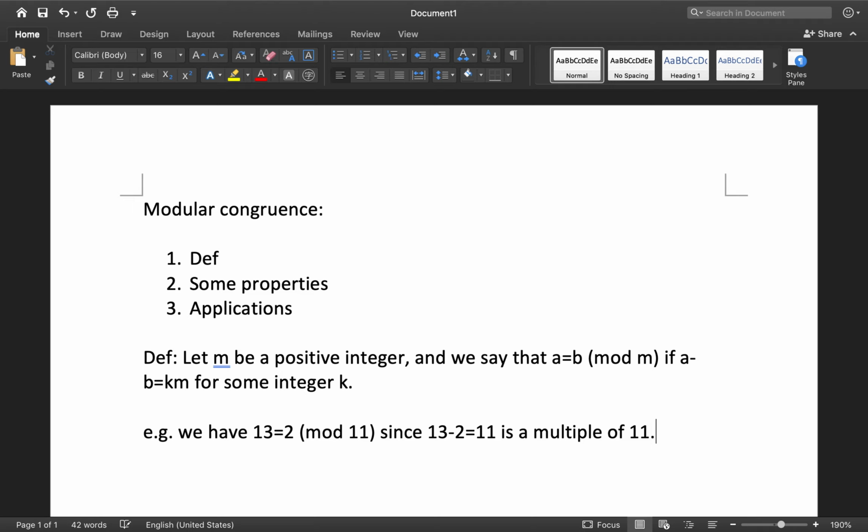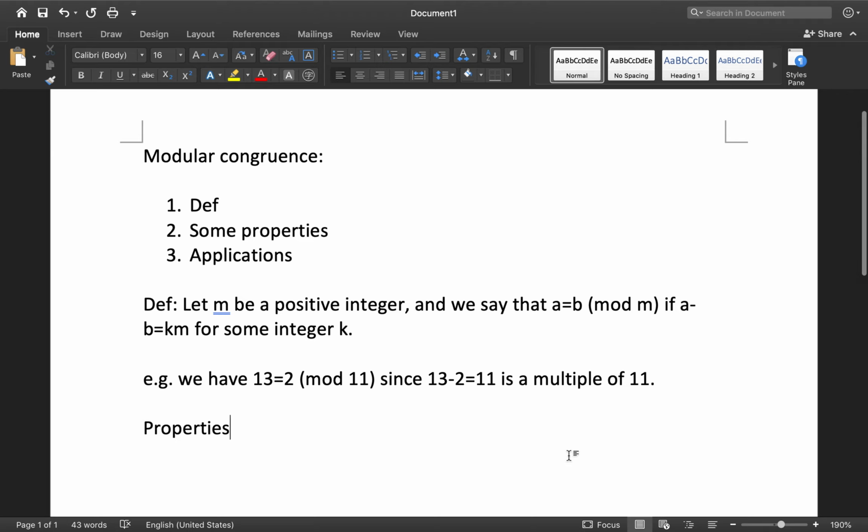Okay, so this is the very basic definition of two numbers being congruent with respect to some positive integer m. So what are the properties of congruence? There are many properties actually, and you can find them in the notes, but let me just pick a few for discussion.